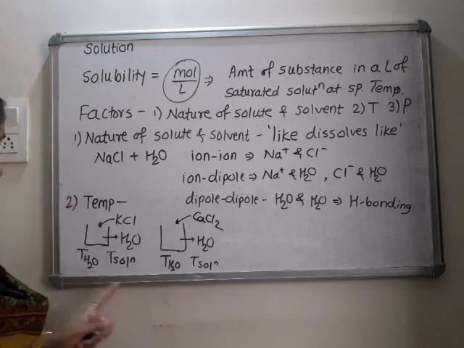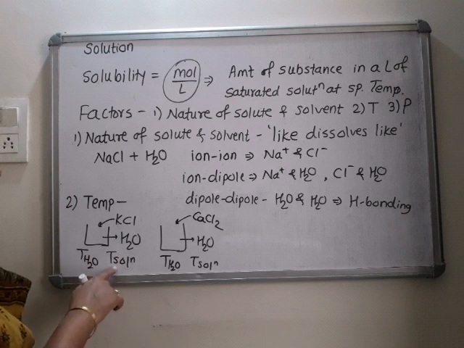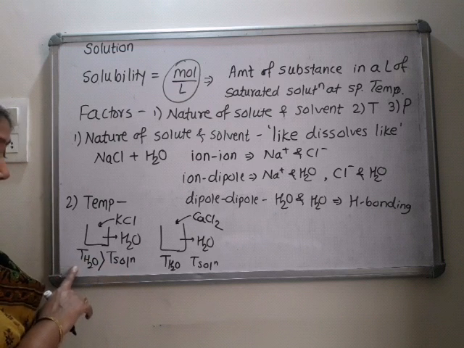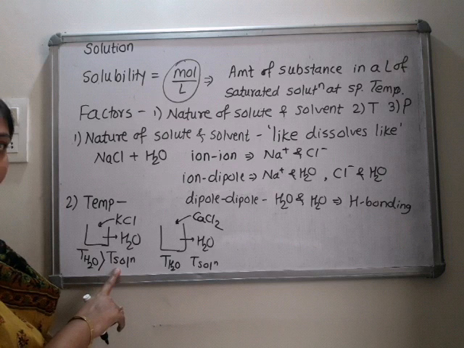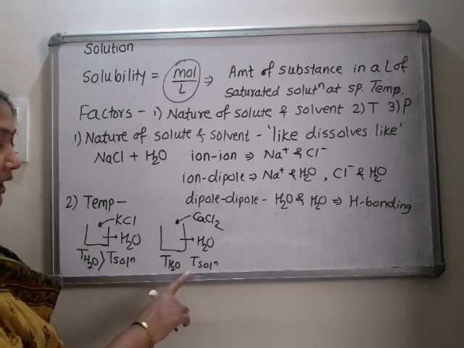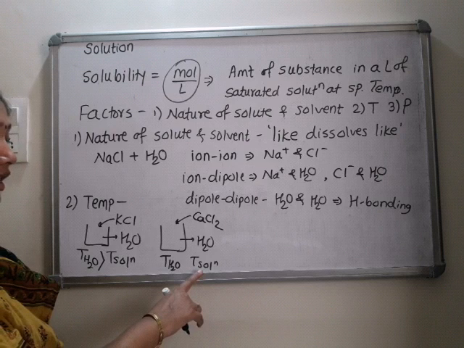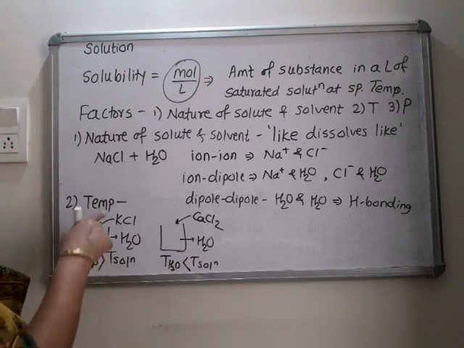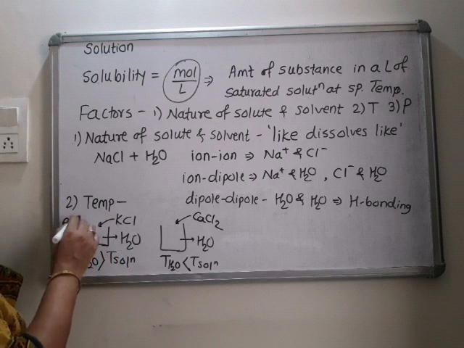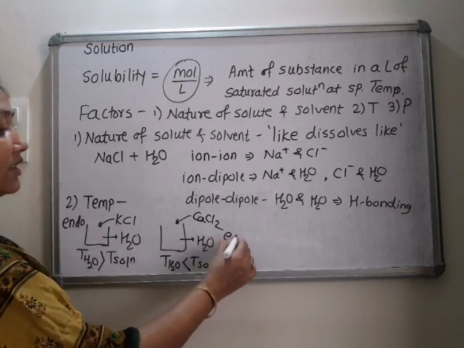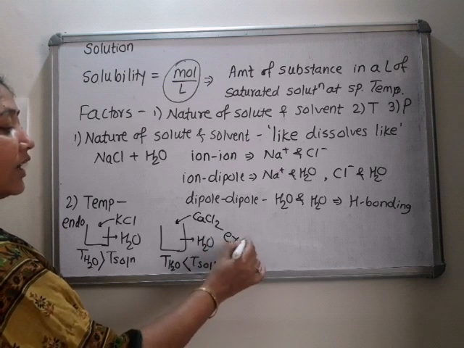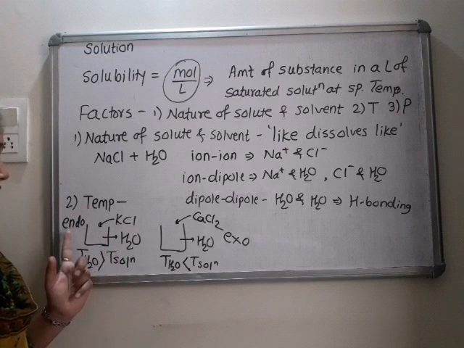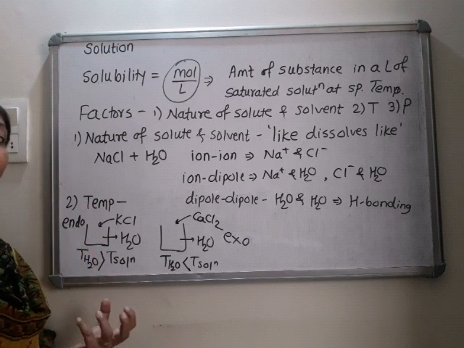What is observed? In this case, the temperature of water is found to be greater than the temperature of the solution. And in this case, the temperature of the solution is found to be greater than the temperature of water. It means this dissolution is endothermic and this dissolution is exothermic. When KCl is dissolved in water, heat is absorbed.